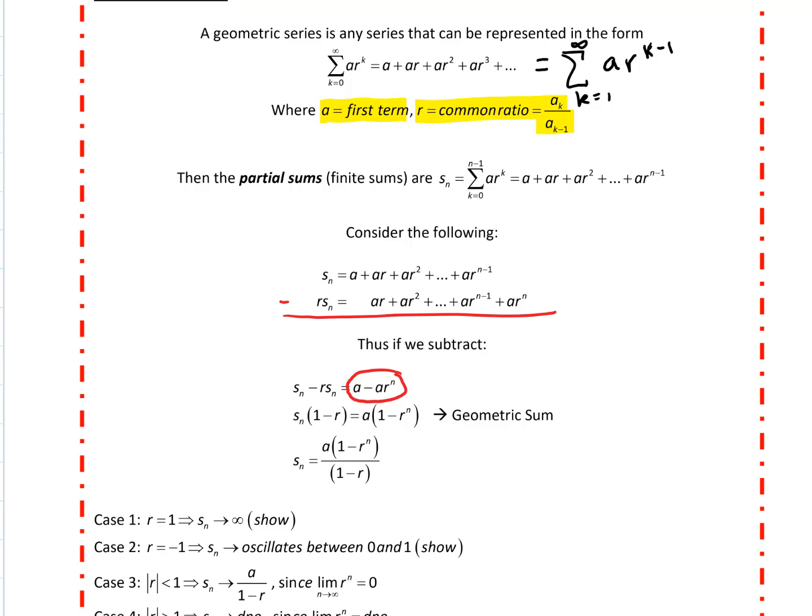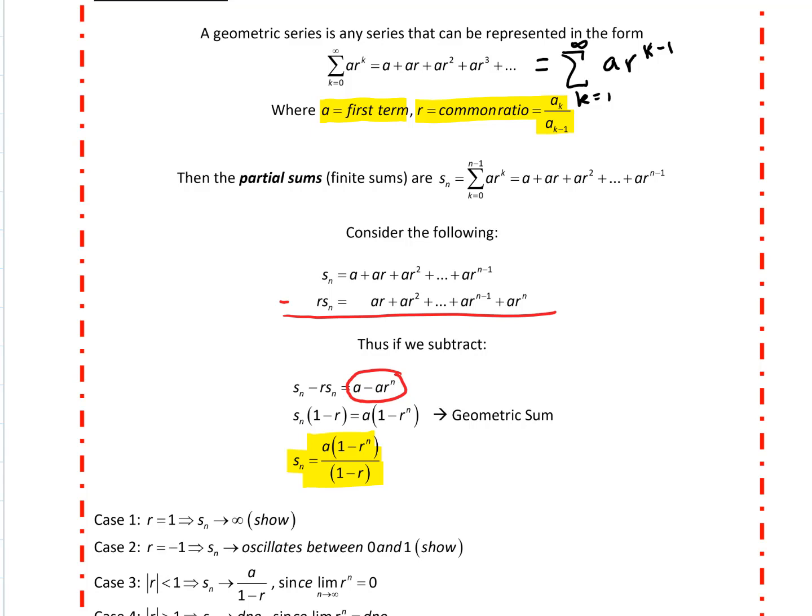Do a little bit of factoring, and notice I can solve for the partial sum. So the partial sum of a geometric series is a times 1 minus r to the nth over 1 minus r. Then we can take the limit of this for each of the different possibilities for that common ratio.